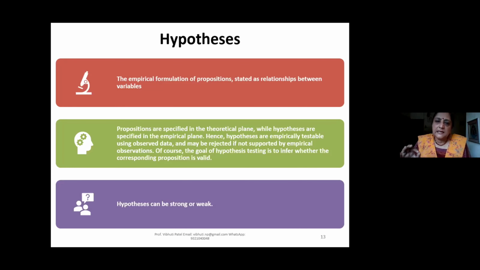And of course, the goal of hypothesis testing is to infer whether the corresponding proposition is valid or not. So, the validity of the proposition you have made, like in economics, if you are doing a longitudinal study: how does the economic participation of the population impact the growth of the economy? Currently, the World Economic Forum is saying that countries which have very high work participation of women are rich countries. They have double-digit growth, while India currently, in 2021, has a work participation of women of only 18%.